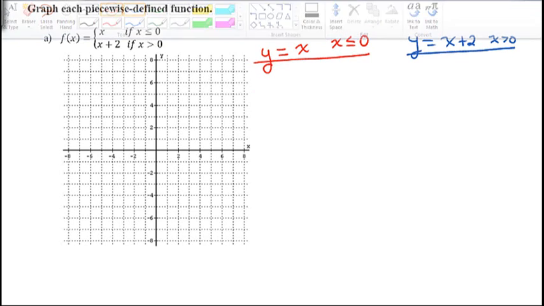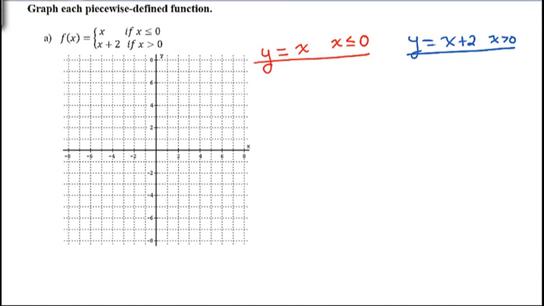We're going to do these each separately, and this value right here is the most important point that you'll need to know. That's where you stop using this piece of the function at x equals 0, and you switch to using this piece. You need to know where that stopping and starting point is.